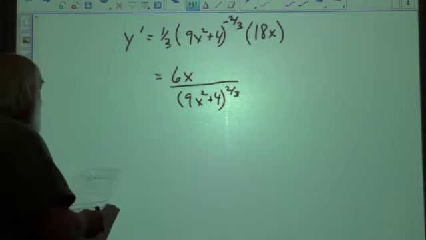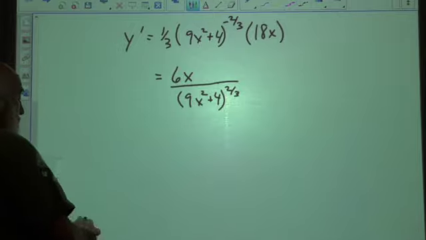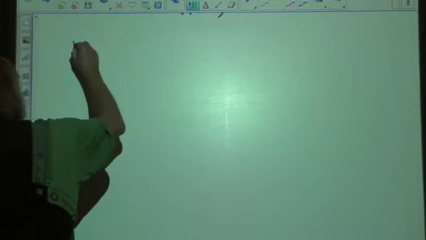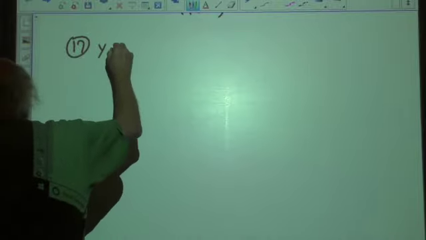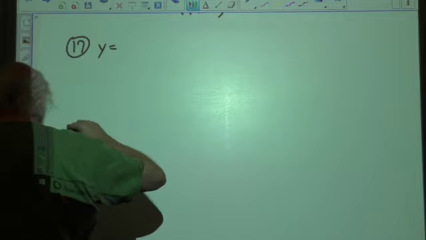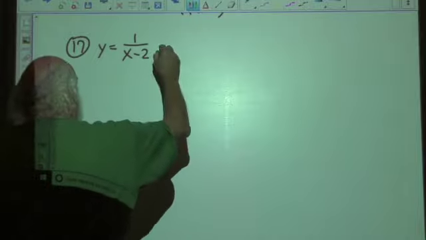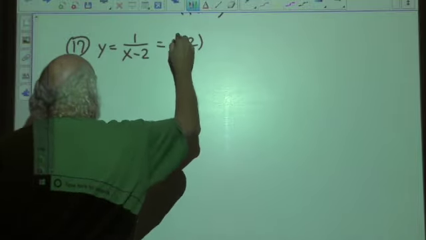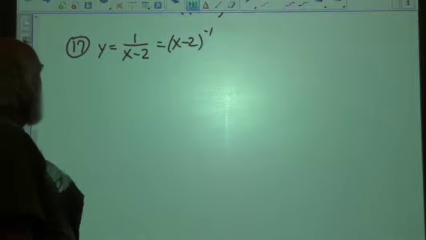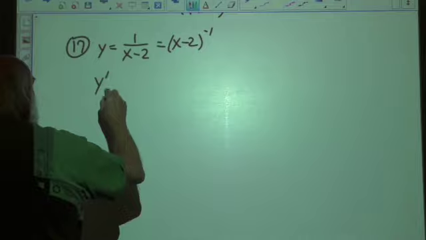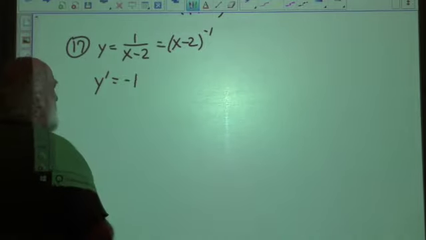Let's take a look at number 15, or let's just jump to 17. 15 is pretty similar. We want something a little different here. Number 17, we have y equal to 1 over x minus 2, which is x minus 2 to the negative 1 power. So y prime is going to be equal to, take this n down, make that negative 1.